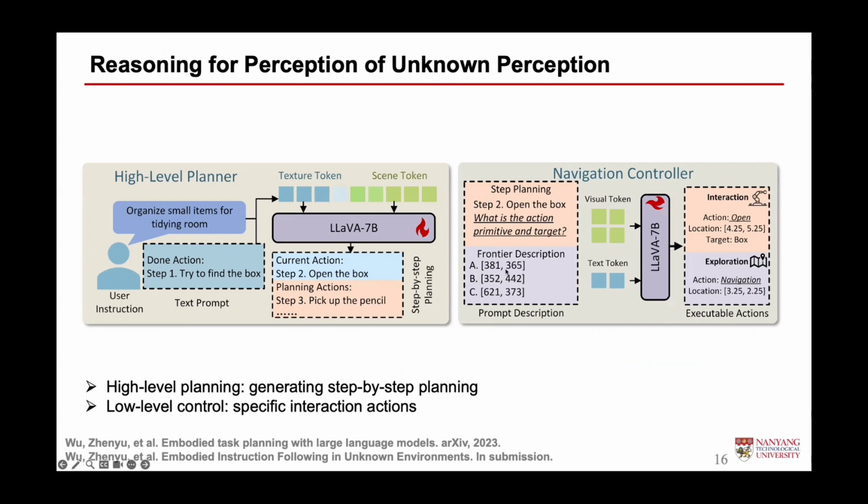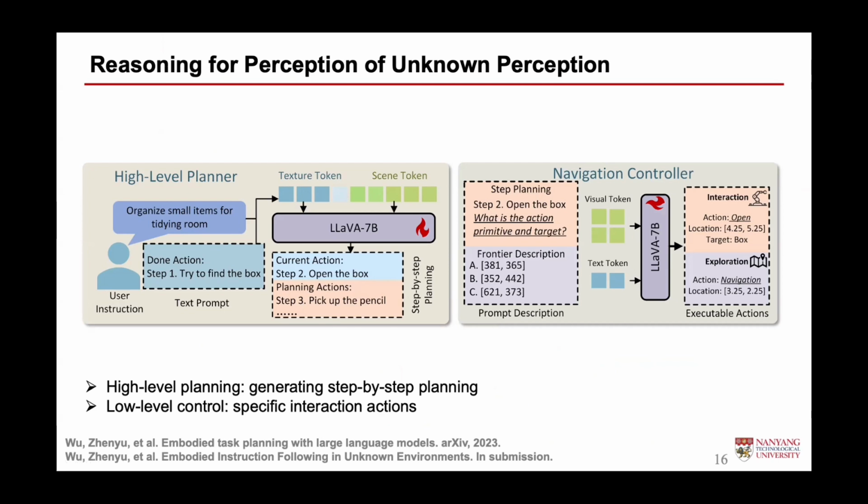We will generate a simple step plan, like find, open the box, and this is actually the reasoning result of the multimodal large language model. This is the one that the LLM thinks we can find the object with the highest probability, and this is related to the task. After that, we will use a low-level controller for navigation policy generation.